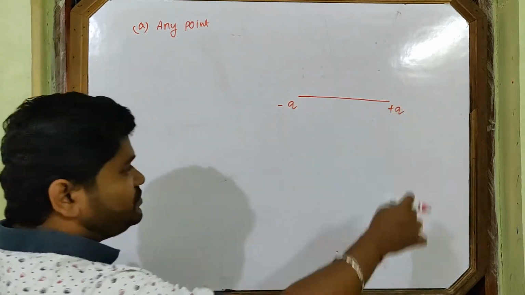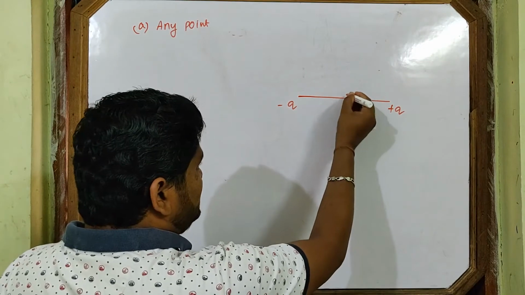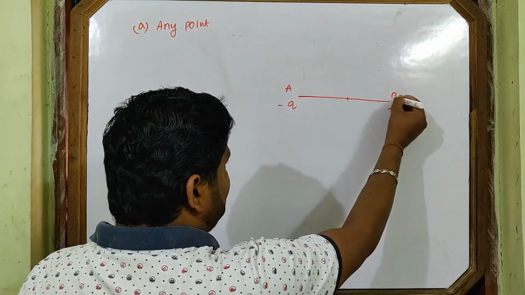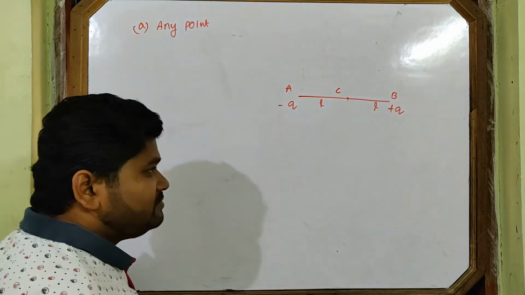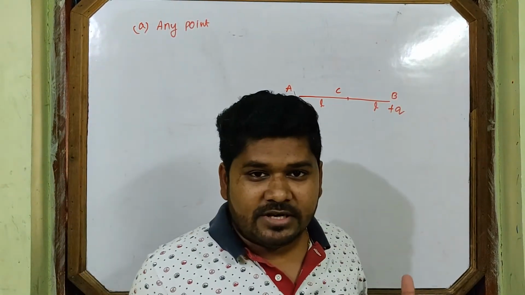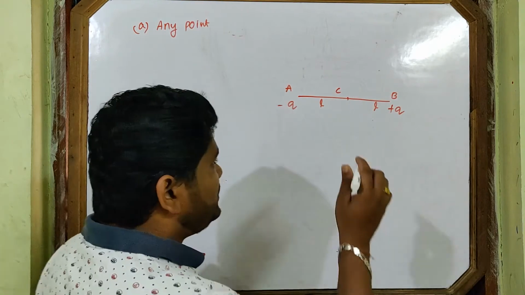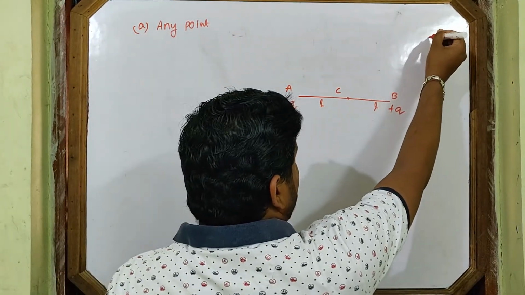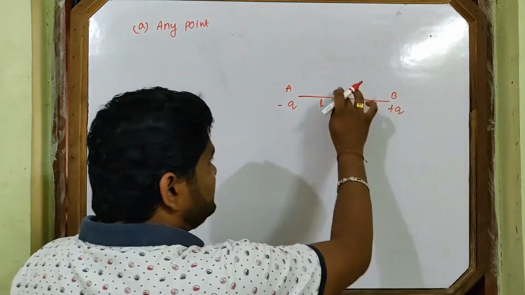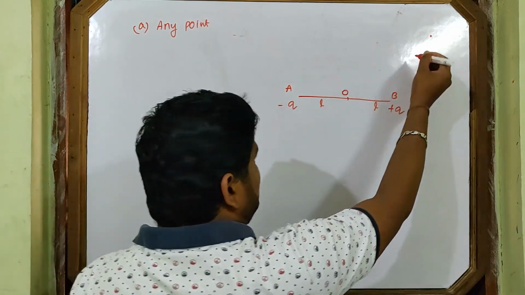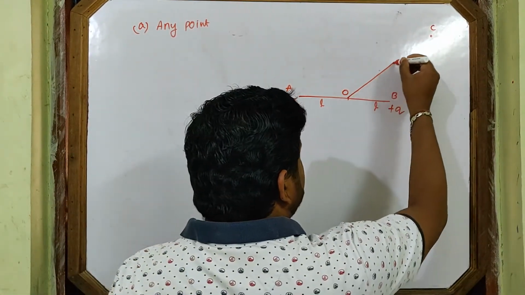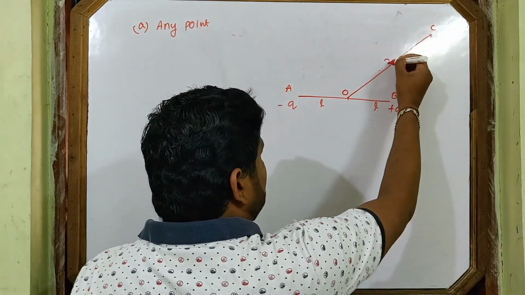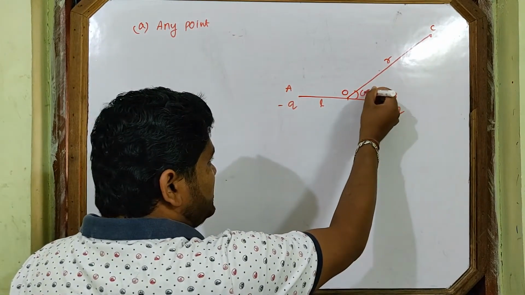Minus Q, plus Q, two charges. Same thing. Point A, point B, point C. This is L. This is L. Okay. This is the dipole we consider. We'll take any point. This is O, center of the dipole. This is the point C, which is at a distance R, making how much angle?